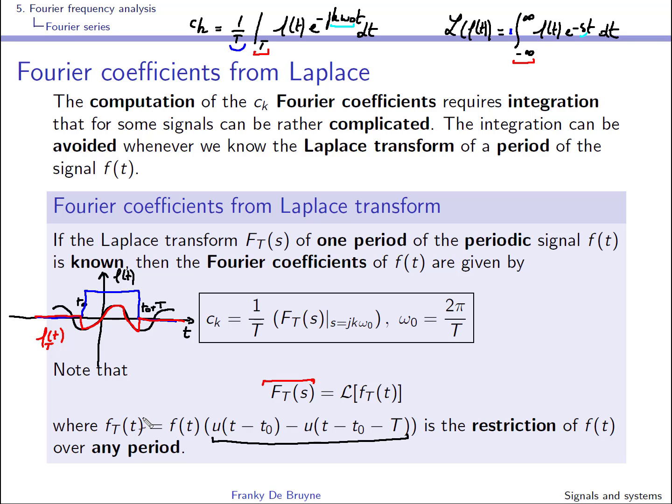Once you have this restriction, you can compute its Laplace transform, and then you need to take into account that you have to multiply by 1 over T, and in the end you need to replace s by jk omega 0, and in this way you can obtain the Fourier coefficients using the Laplace transform.